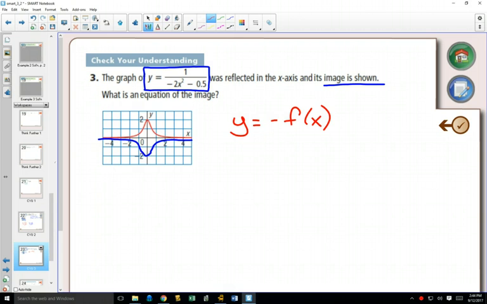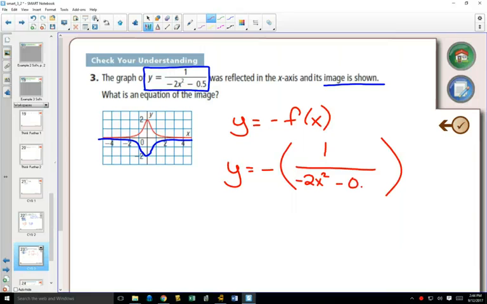Now, if our original equation was what's in that blue box, then our red equation has a negative outside in front of whatever f of x is. And we can write f of x as 1 over negative 2x squared minus 0.5.